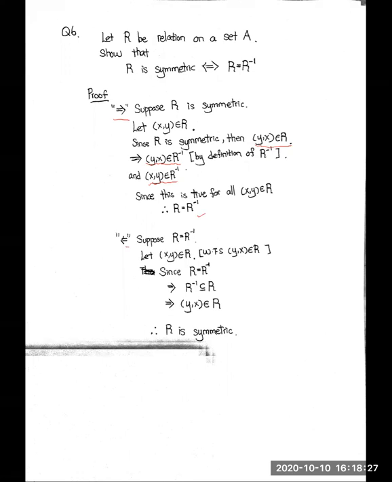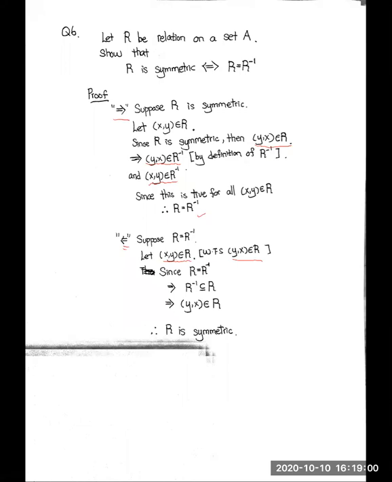Now we suppose R is equal to R inverse. Then we take any element (x, y) in R, because we want to show that R is symmetric. We want to show that (y, x) is also an element in R. Since R is equal to R inverse, from last week's set theory, we know that R inverse is a subset of R. If we have (x, y) in R, by definition, we will also have (y, x) in R inverse.